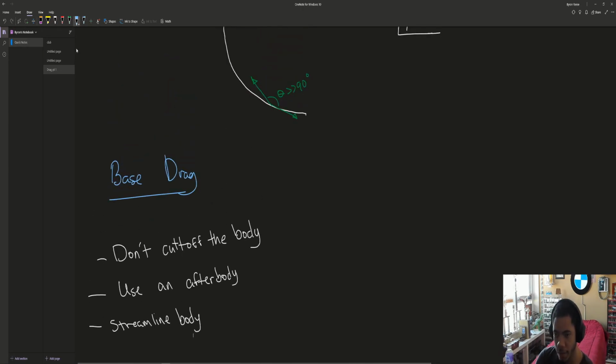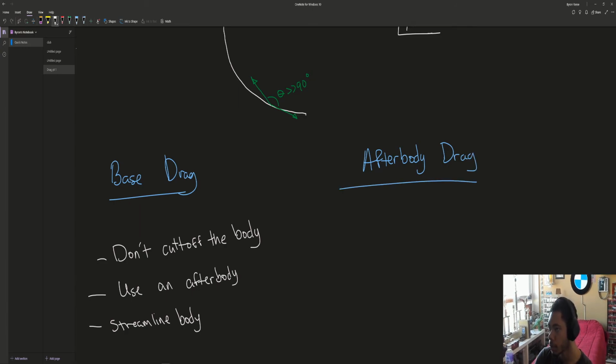On the same line, we're going to talk about the afterbody drag. And here, streamline again. Gradual curve. That's about it for afterbody.